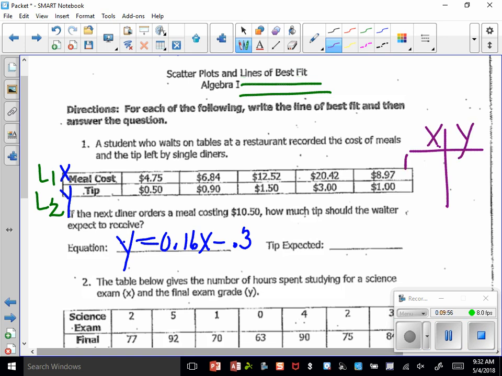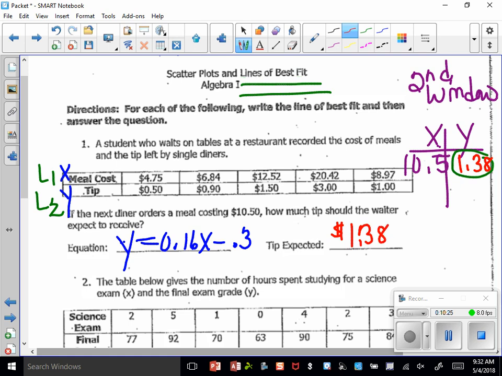So X is 10.5. How do we change the table to 10.5? Yes. Second window. All right, so you're going to do second window. You're going to change it to 10.5. Then go back to your table, and whatever the Y value is at the top, that's your answer. Who has the answer? All right, go ahead. 1.38, which is $1.38. Okay.